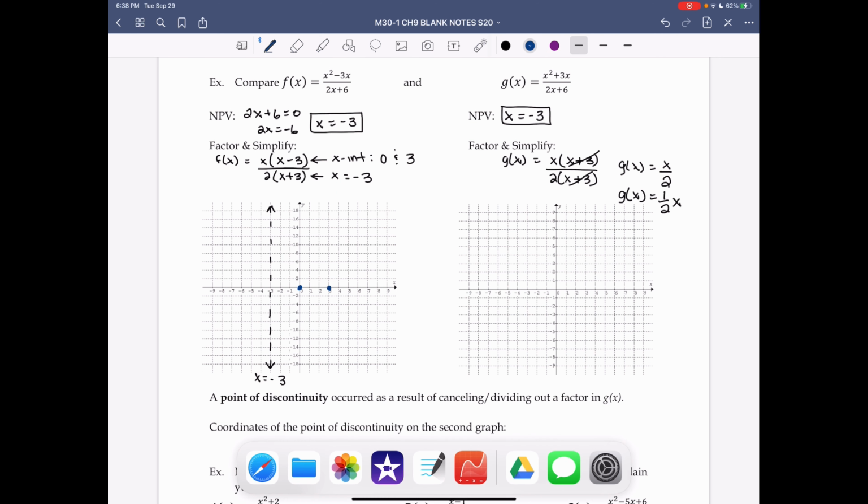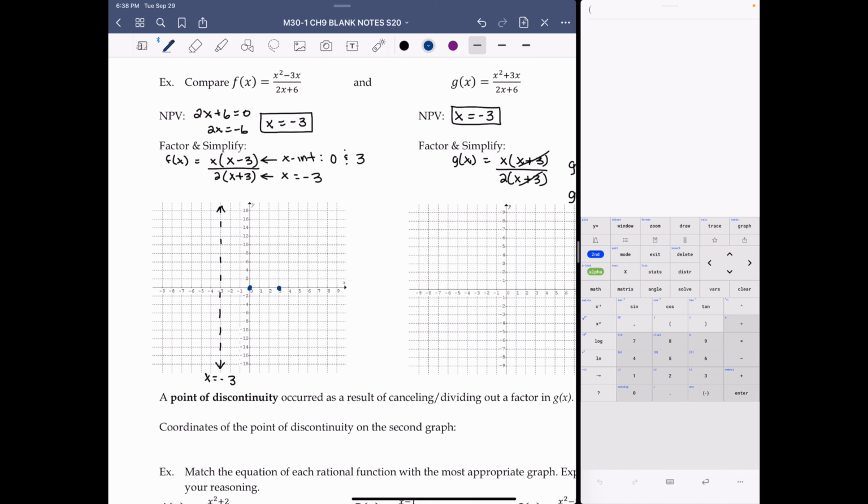Let's use our calculator to find some more values here. Let's say that I pick a value between our two x-intercepts. I'll pick 1: bracket 1 squared minus 3 times 1, close bracket, divided by bracket 2 times 1 plus 6, close bracket, enter, and we get negative 0.25, so just below the x-axis.